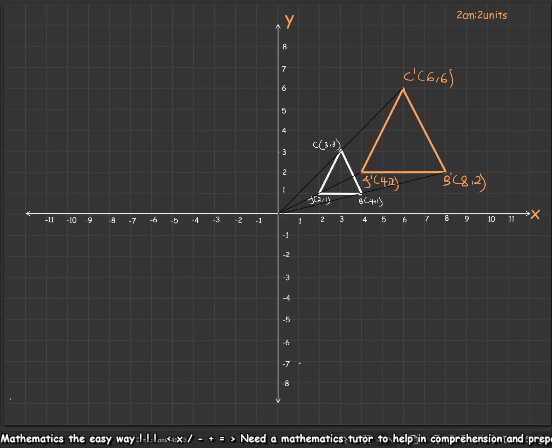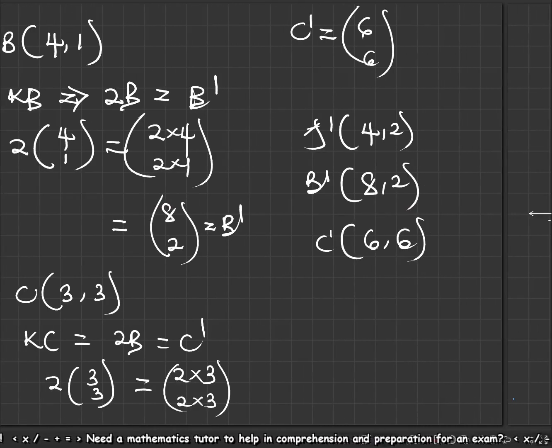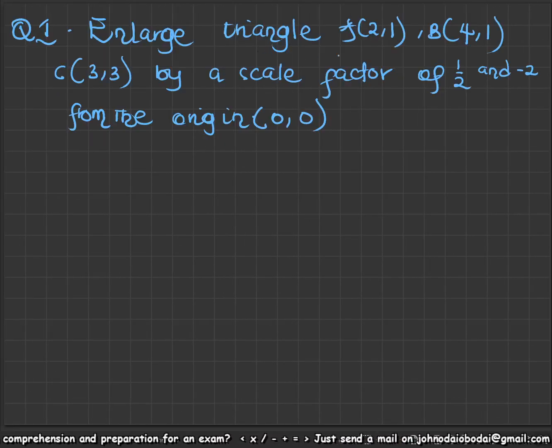And I would want us to use these same points, the same coordinates. So let's do that. So the question says we have to enlarge this same triangle by the scale factor of a half and then -2. So I'm doing this to illustrate how the enlargement becomes a reduction and then when it flips over.